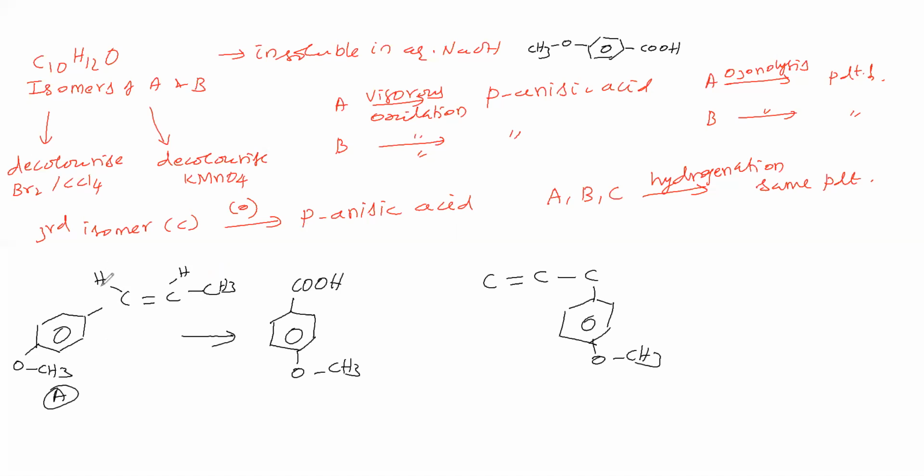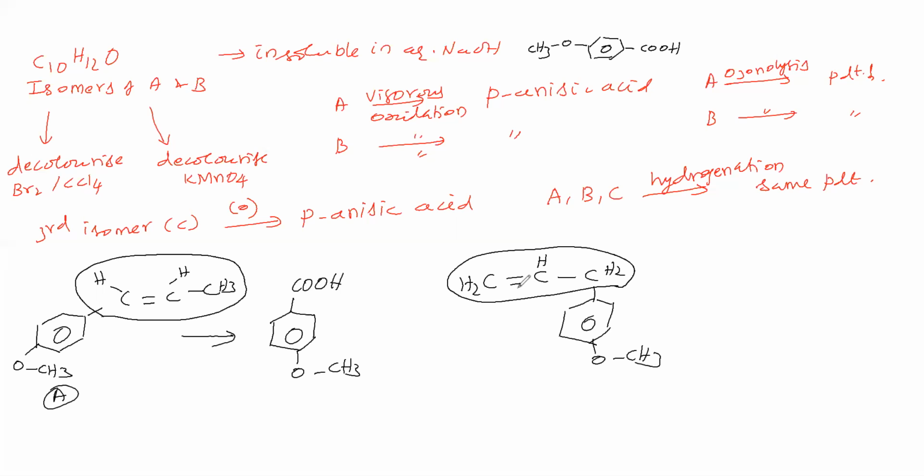This one on vigorous oxidation, this side chain will convert into carboxylic acid. Here it is CH2, this is CH, it is CH2. On vigorous oxidation, this side chain is converting into carboxylic acid.